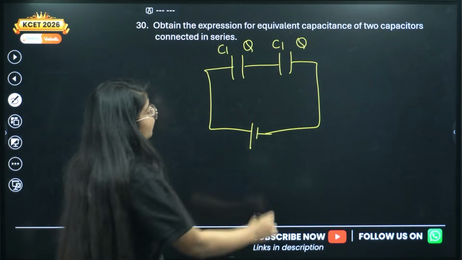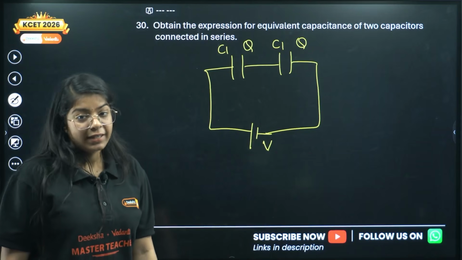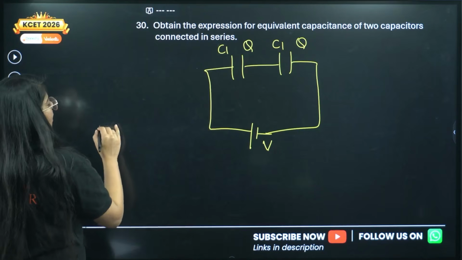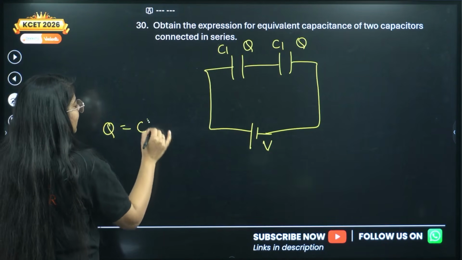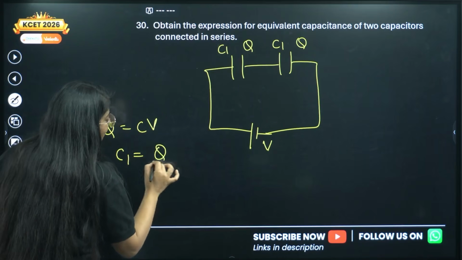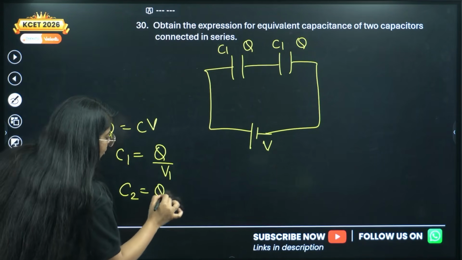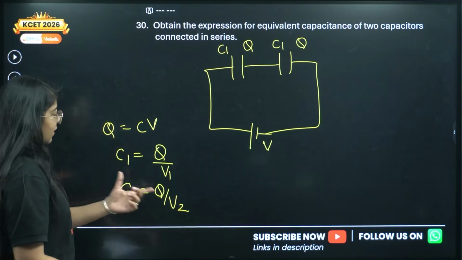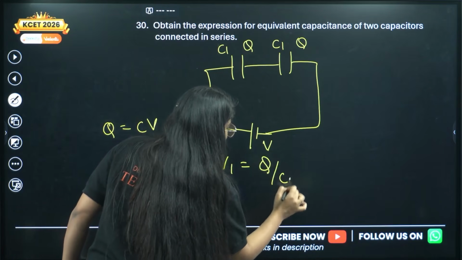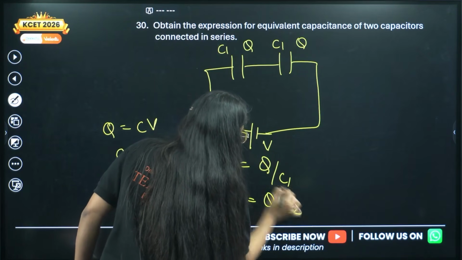Now I know that in series, voltage divides, correct? So for capacitance, we have Q equals CV. So C1 is given by Q by V1, and C2 is given by Q by V2. So V1 will be Q by C1 and V2 will be Q by C2.